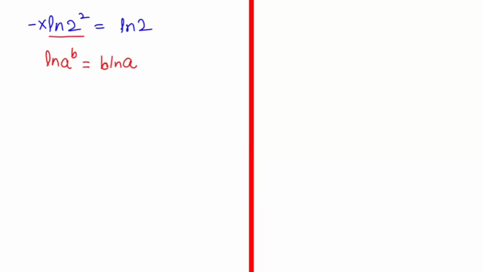So here I'm going to apply it. So this will turn to -2x ln of 2 is equal to ln of 2. Now here this ln of 2 is multiplying, so I will divide both sides.